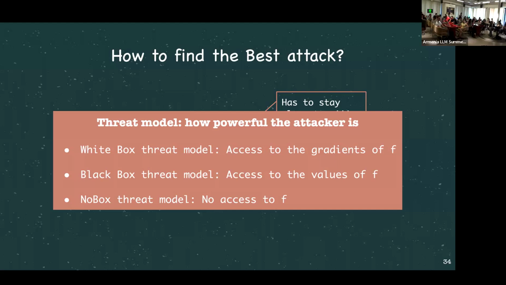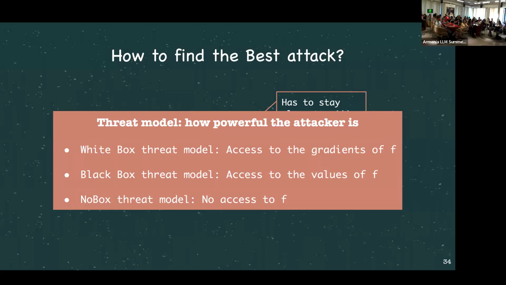But then you can disallow the attacker access to some things. If you think about trying to attack GPT-4o, you of course don't have access to the gradient, and so you are more in the black box threat model. In that case, what you can do is use the transfer property.